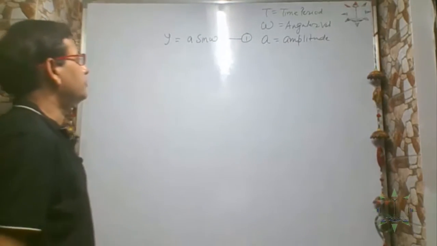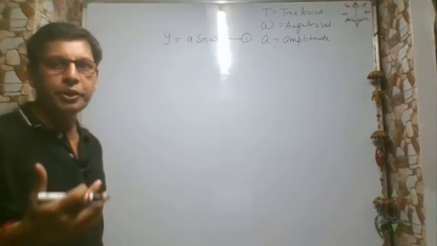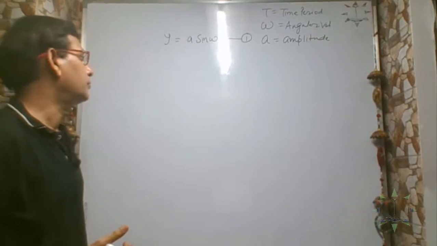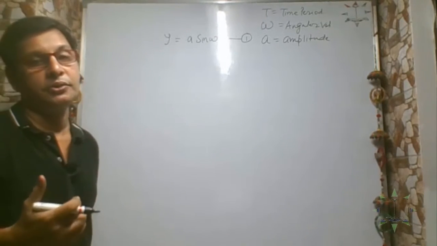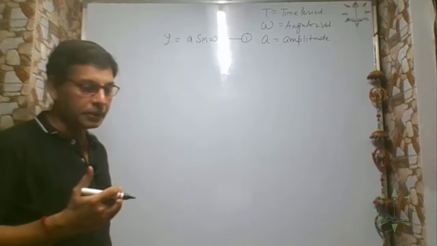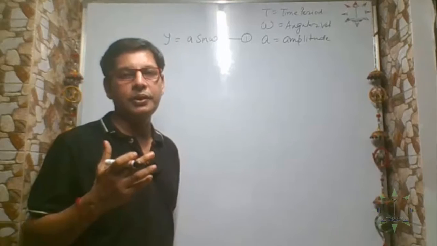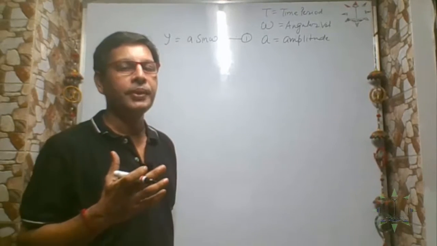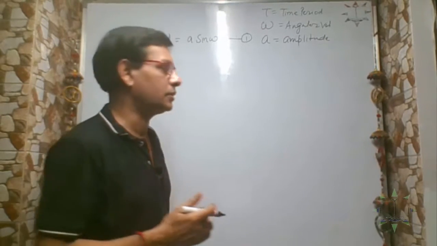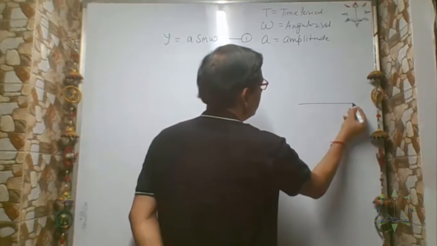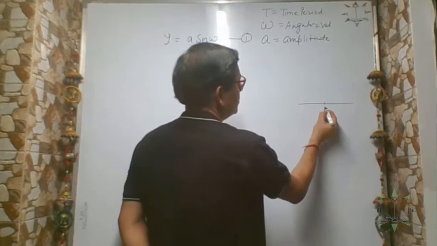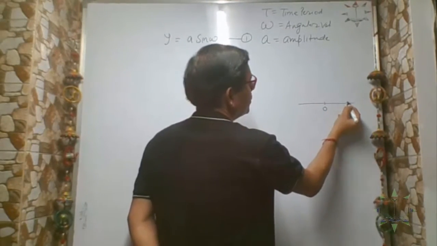So to find the velocity of the particle at any point of time, what do we have to do? Here we have to remember there are two velocities. One is average velocity, the other is instantaneous velocity. In simple harmonic motion, the velocity is instantaneous velocity because from every point the velocity is varying.